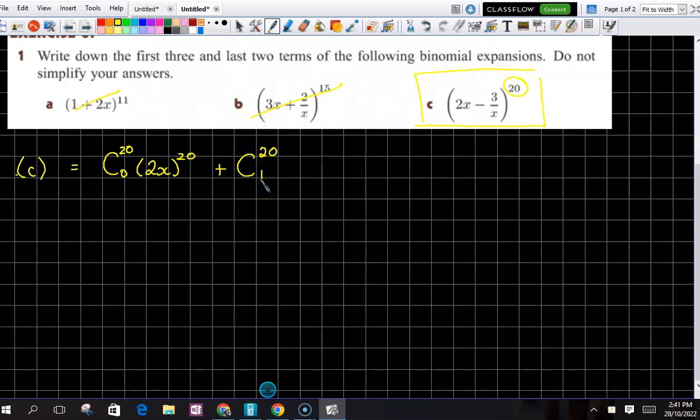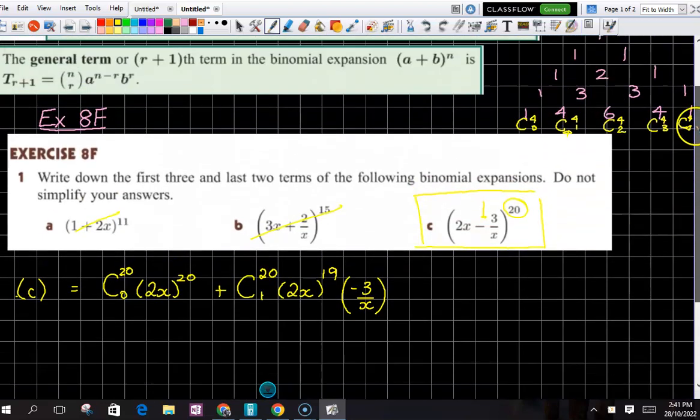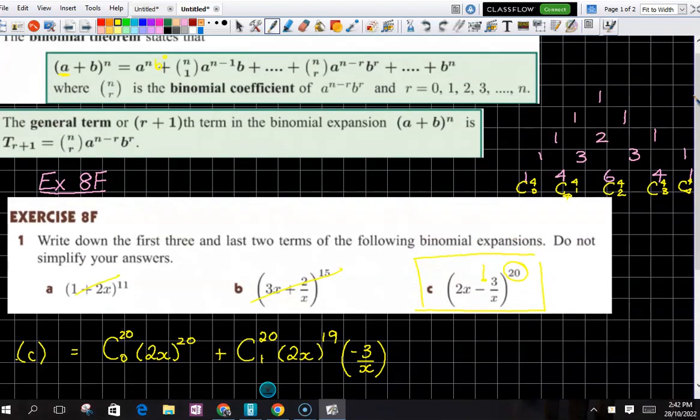Right? And then we want to do our next term. So again, that's going to be 2x, but now we take 1 away from the power. Or you can go, it's 20, take 1, so we get 19. We happy? And then the next term will be, don't ignore your minus, so that's going to be minus 3 over x to the what power? It's to the 1, and you know that for 2 reasons, possibly 3. 1, we're following the rule here.